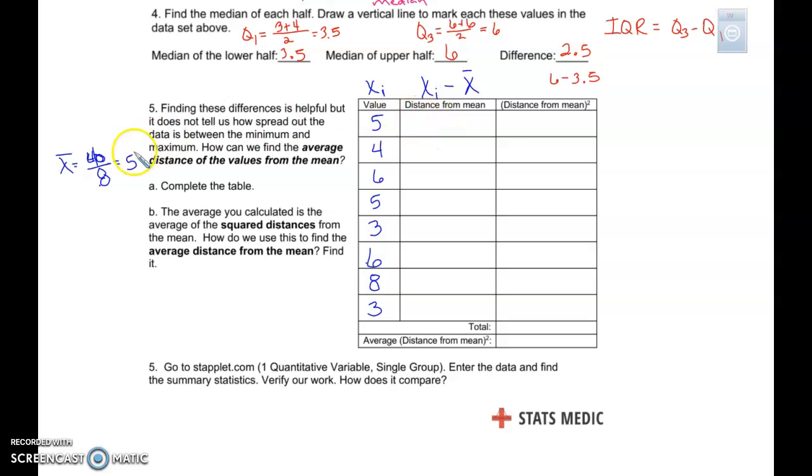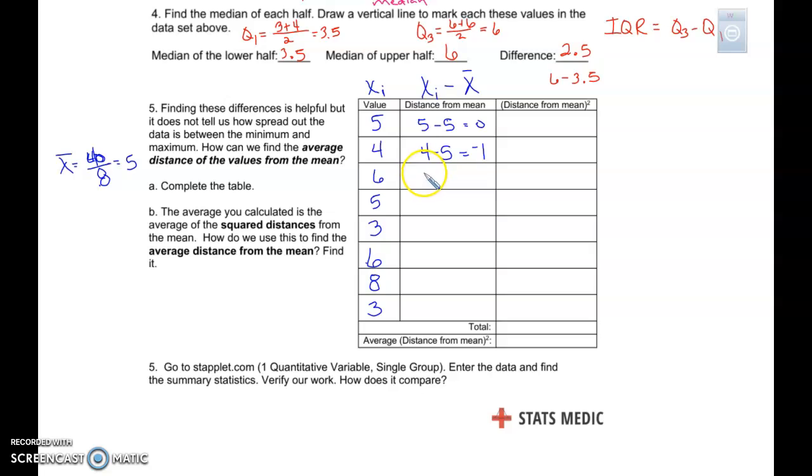So when you're doing that, you're now using this mean. You're taking your data set, which is 5, minus your mean, which is 5, so this one equals 0. This one, you would take 4 minus 5 and get -1.